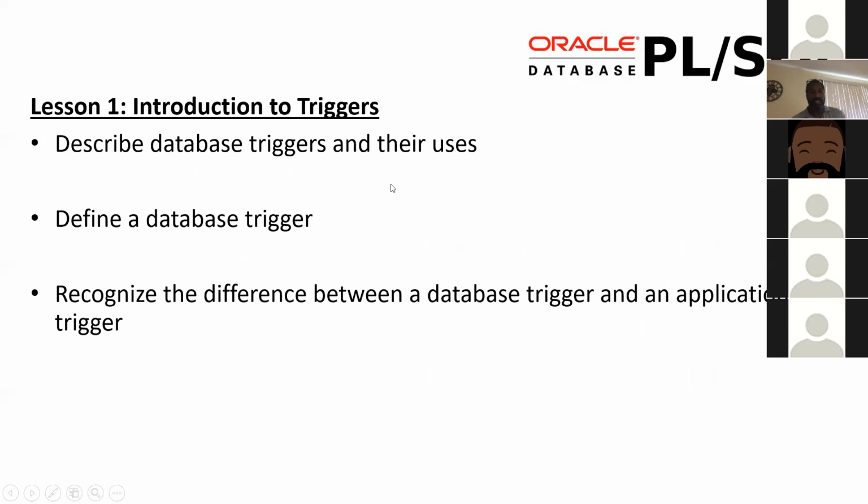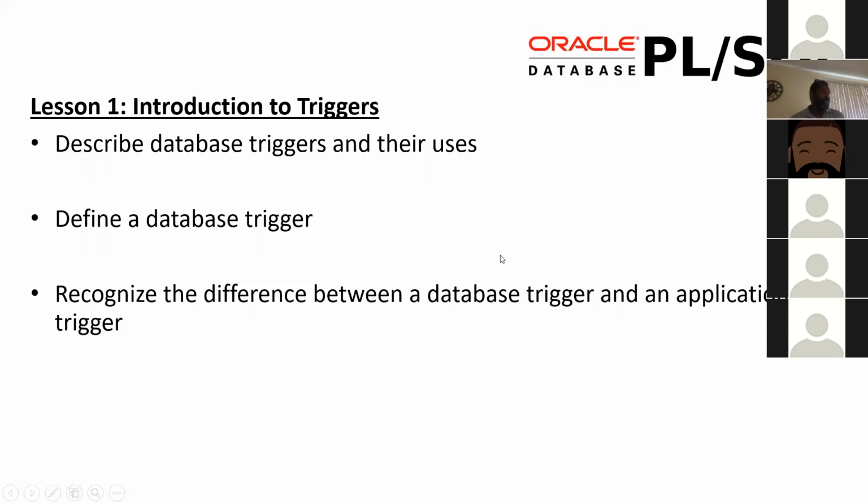In lesson 1, it's an introduction to triggers. I'm going to describe database triggers and their uses, define a database trigger, and recognize the difference between a database trigger and an application trigger.